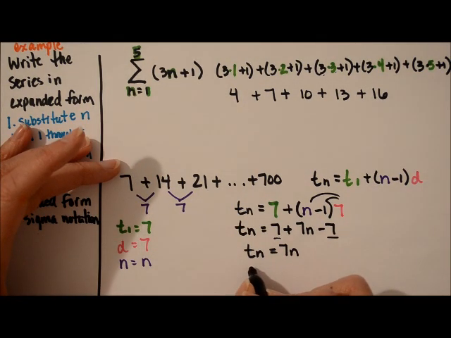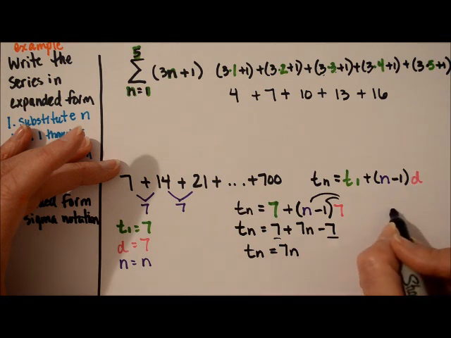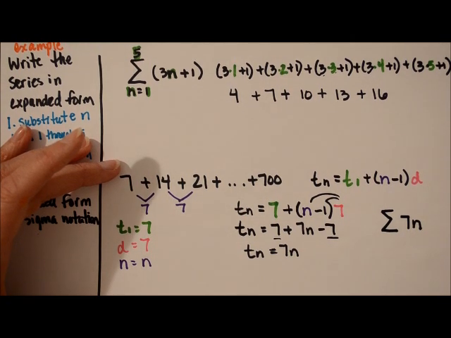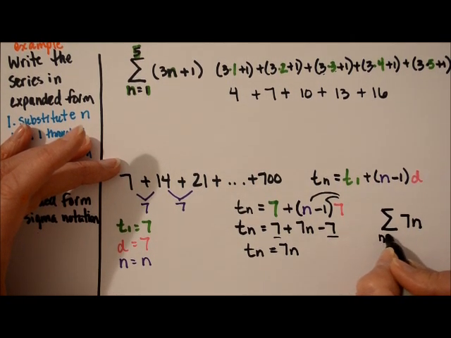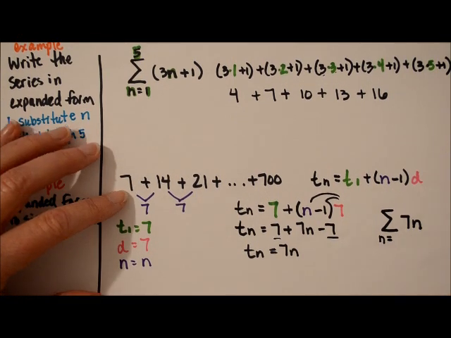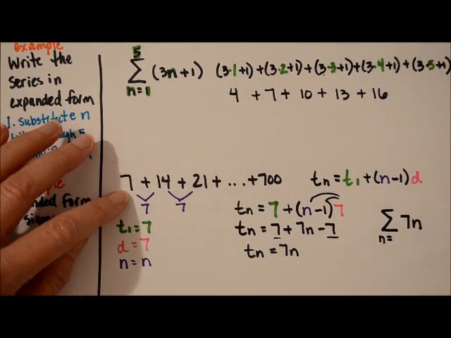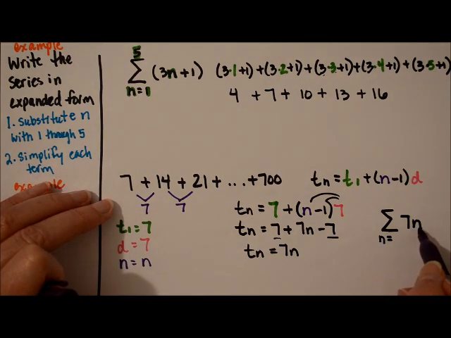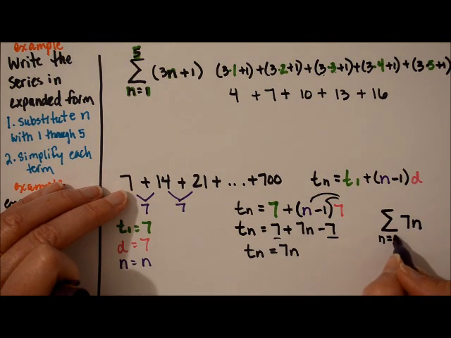Okay, so now I'm going to do my sigma notation. I'm going to put 7n here. n equals, okay, now what does n equal? You have to use your noggin here. What does n equal? What would n start at? It starts at 1, right?